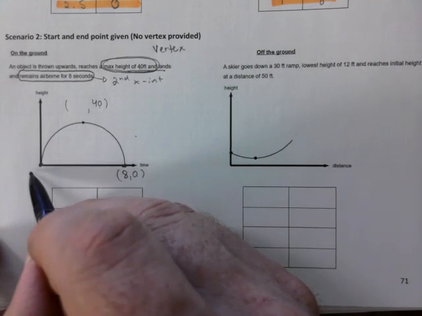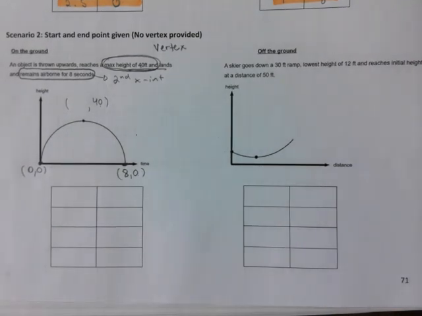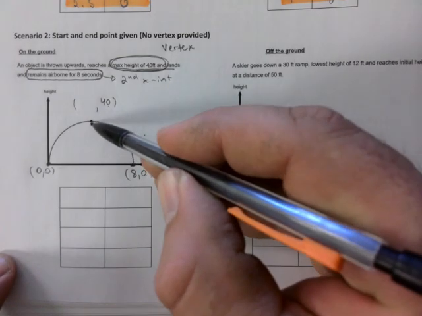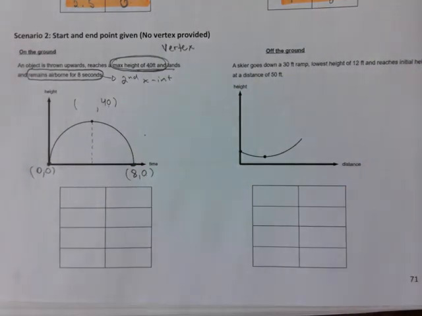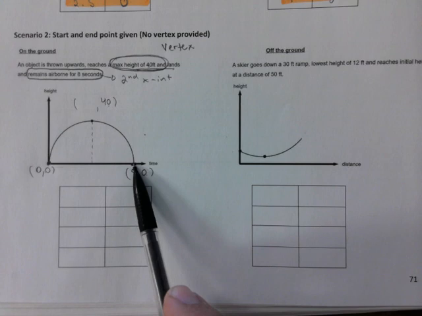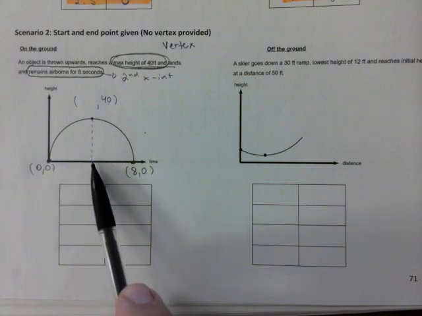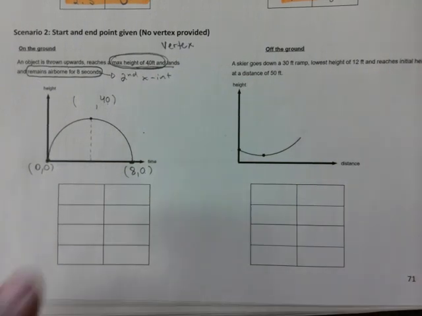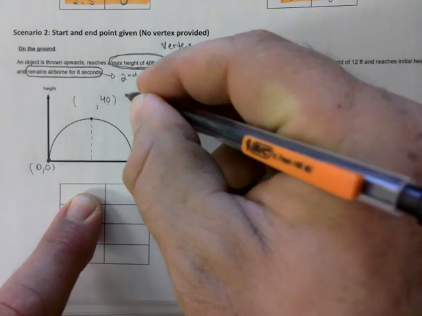We know that this is 0, 0 right here, within the context. And let's look at our axis of symmetry again. If it takes 8 seconds from here to here, then halfway would be divided by half, right? It would take 4 seconds to get you to the halfway mark. So I'm going to bring an arrow.